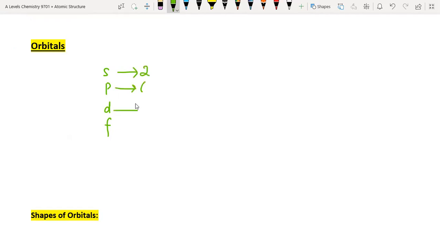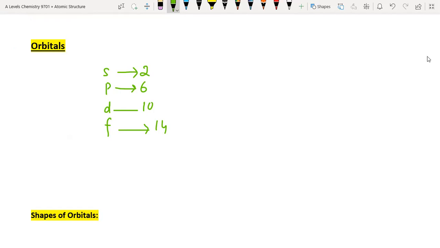P may contain 6, D contain 10, and F contain 14 electrons. So, our next concern about the orbital is their shape. How the orbitals are in their shape.